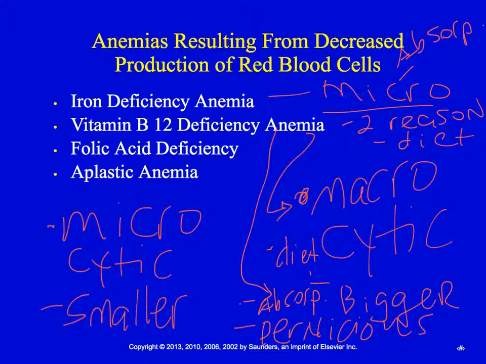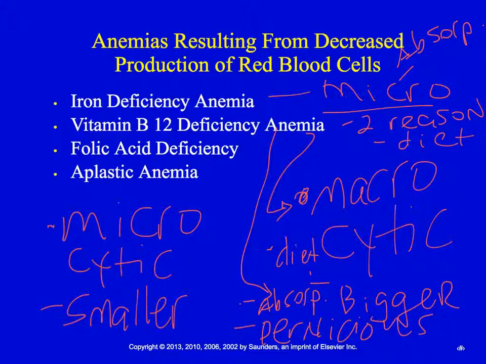A lot of times folic acid deficiency appears in people who have a belly problem and have poor nutrition anyway. A lot of times alcoholics end up with a B12 or folic acid deficiency because of their poor diet typically. Treatment for this, again, is trying to improve their diet and getting them some form of a folic acid supplement, and that should take care of their signs and symptoms.